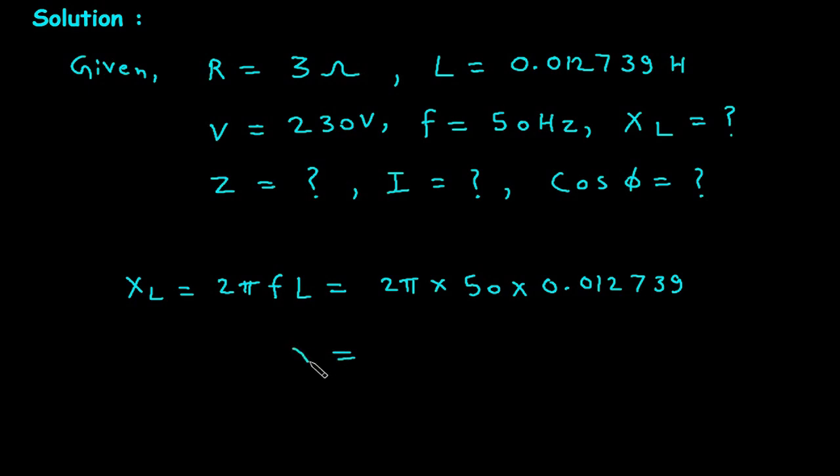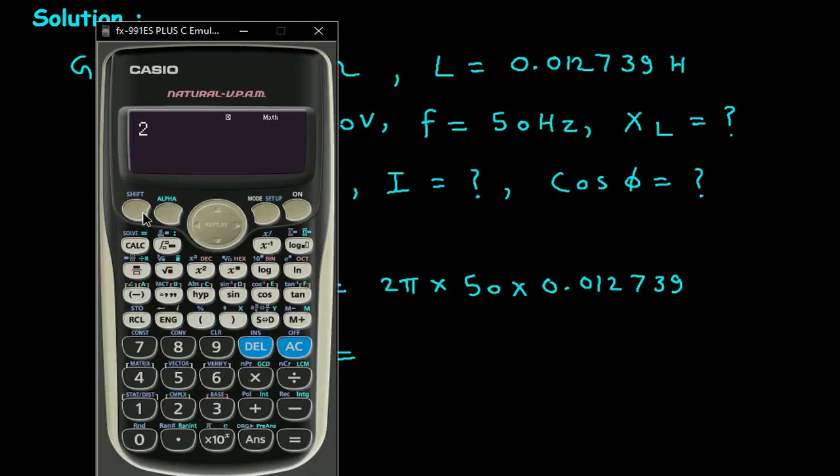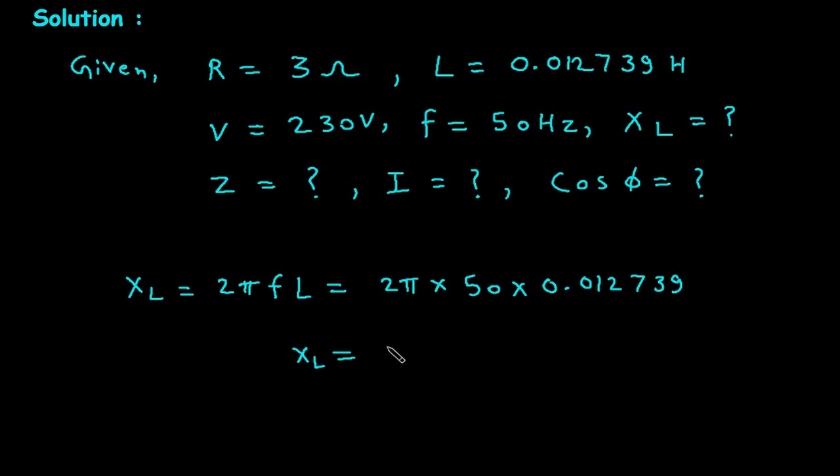Now if we calculate this, we get the value of XL. 2 pi multiplied by 50 multiplied by 0.012739. It is 4. XL is equal to 4 and its unit is ohm.